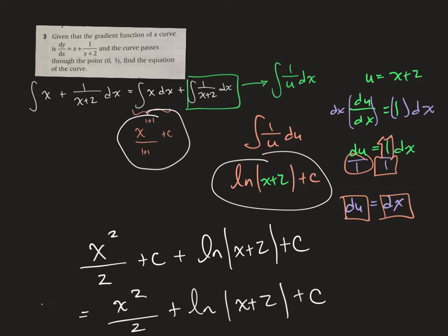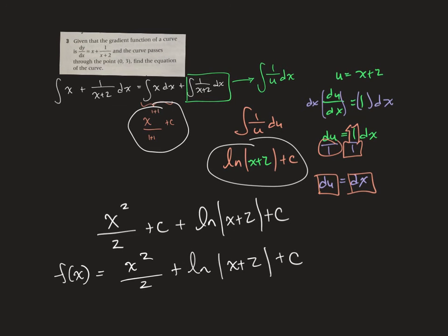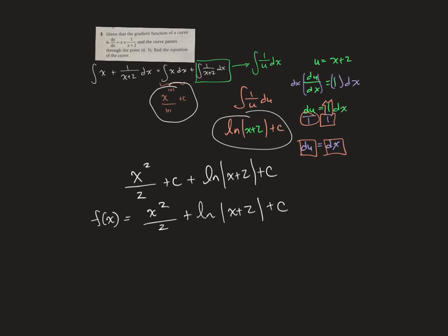Okay, so this is our original function. But we're not done, because this asked us to actually solve for the final function and figure out what plus c is. So we need to use this point, (0, 3), to find the value of c.